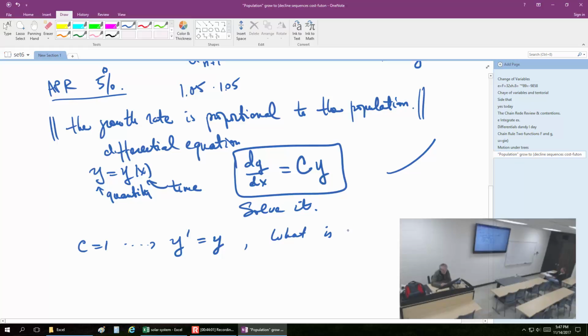No, the integral. The problem is, we cannot integrate it, because the left-hand side depends on x, but... if you try to integrate, this is what I'm going to have: the integral of y prime dx is equal to the integral of y dx.